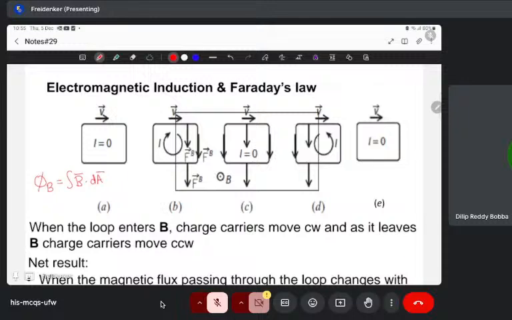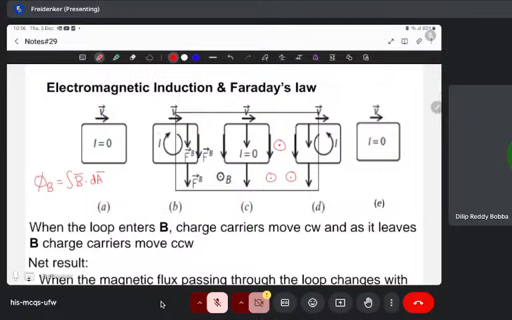If you notice, all of these are closed loops, right? So I can define area vectors that are perpendicular to each of these areas. And here the magnetic field is outside, so fine. For each one of these loops, I can define magnetic flux. Magnetic flux is basically B dot dA.